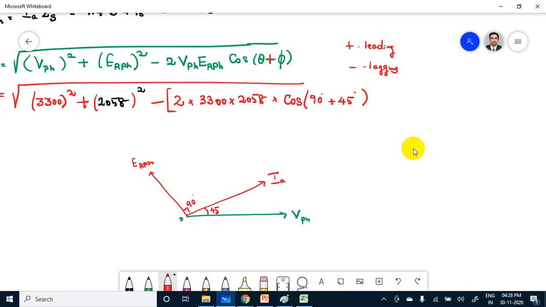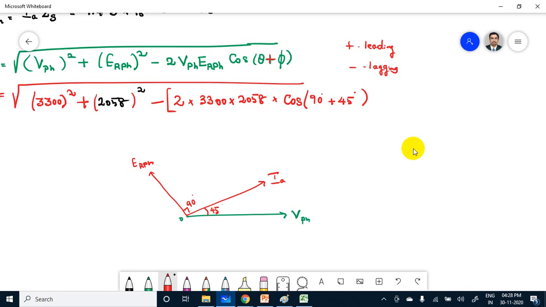If I give this problem in your examination, whether it is CIE 3 or semester, you have to take the angle between IA and ER phase as 90 degrees, because this 90 degrees is not mentioned in your question. This will be an indirect problem.